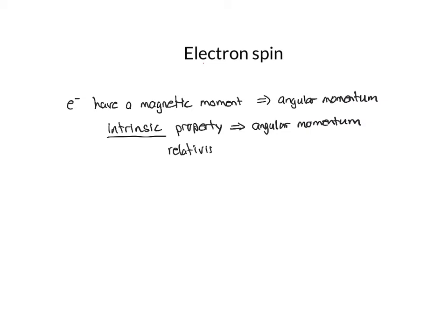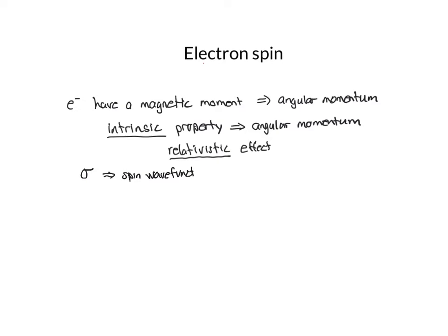And so if we formulate our quantum mechanical model and include relativity in that model, we will naturally get a new quantum number, which is called the spin quantum number for the electrons. So let's use sigma to designate our spin wave function for the electron.